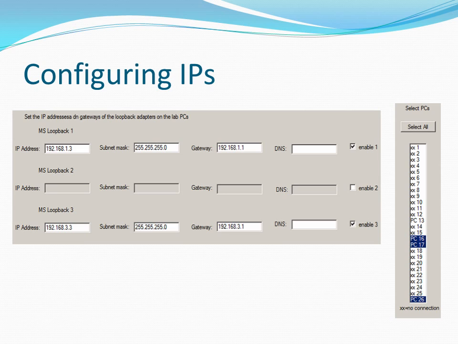Computers that have got an XX next to them mean that there's no connectivity or they're switched off. Ones with PC and their number next to them are connected and visible from the software. So we can select those. We can select all or none of them, or selected computers to deliver this configuration to.